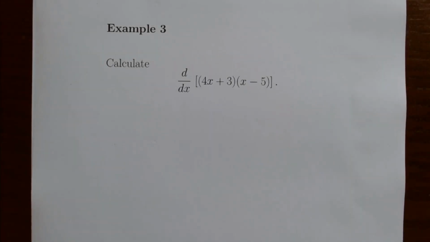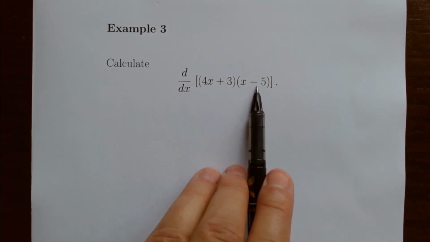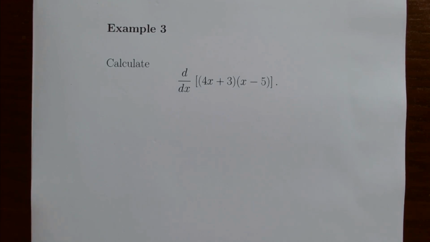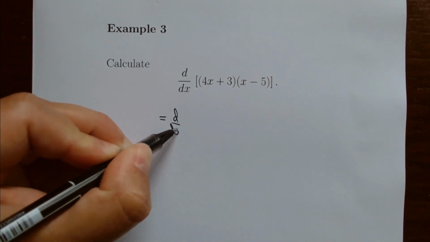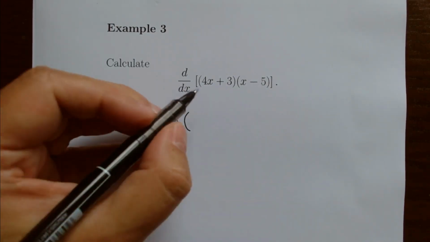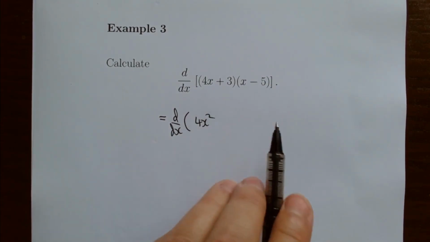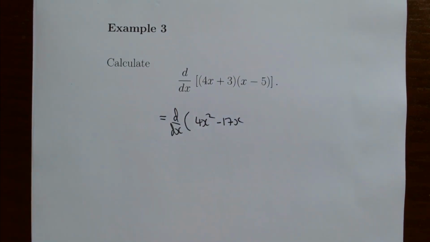Okay, example number 3. We're given a double bracket and we need to differentiate it. So the first step is that we'll expand the brackets. So d dx, that's a 4x squared, minus 20x plus 3x is minus 17x and minus 15.